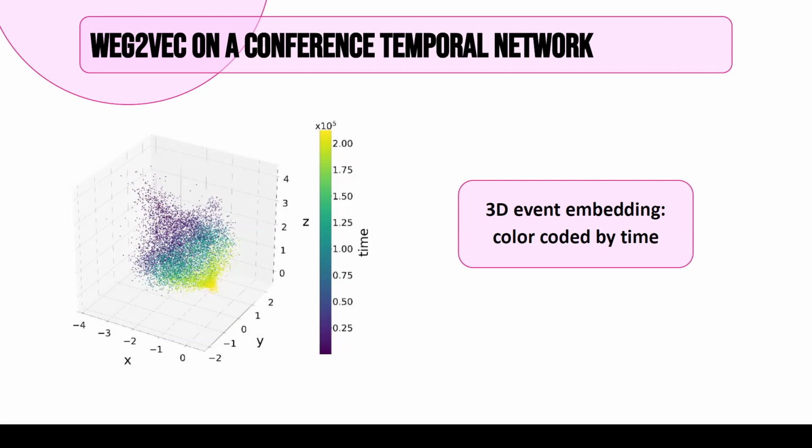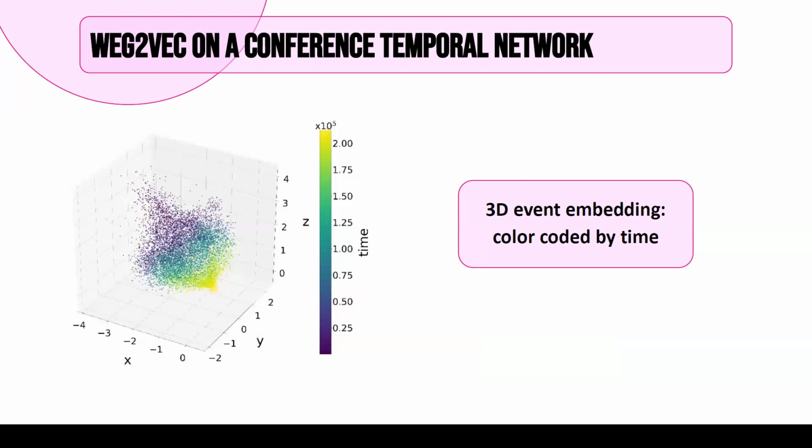So each point here is a representation of an event in the embedding space that is basically a space vector of 3 dimensions. And each event is color-coded by the time underlying in the single event. And as we can see clearly from the plot, our method is able to capture the time evolution in the temporal network.